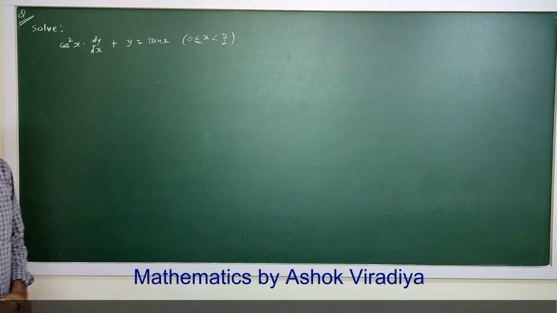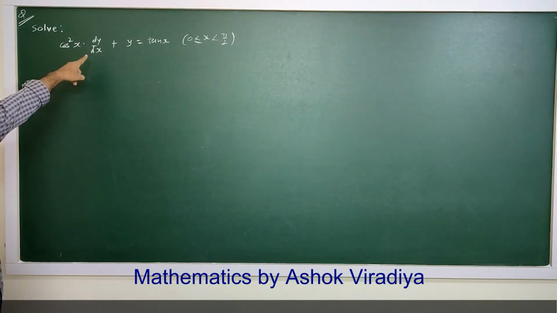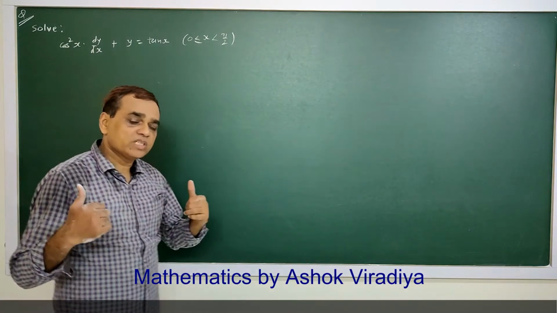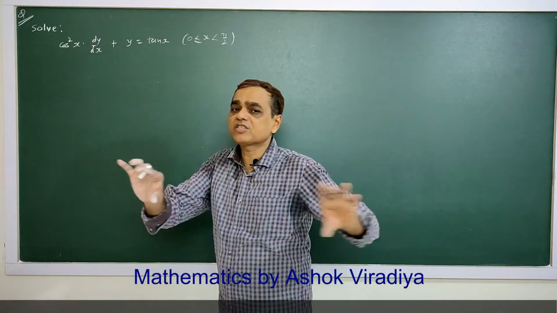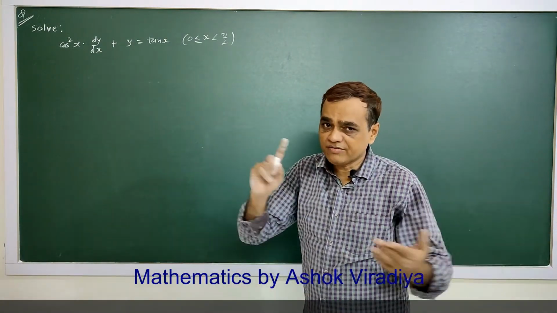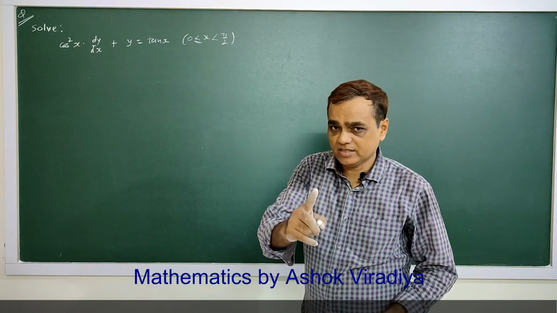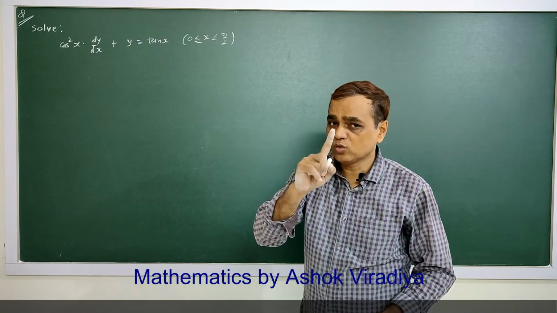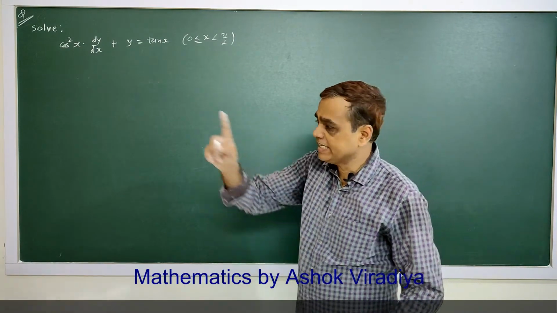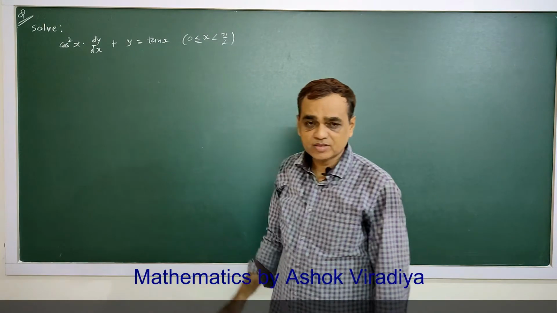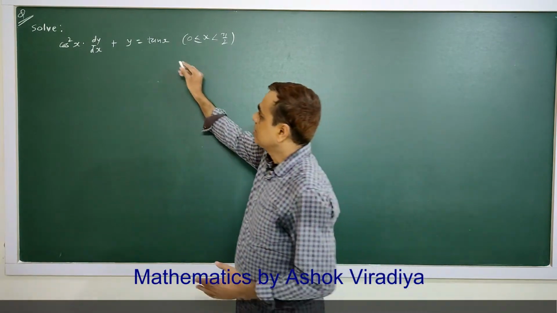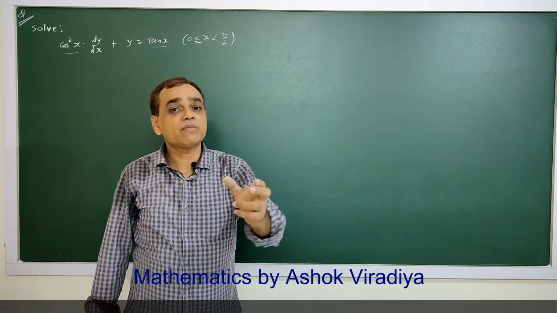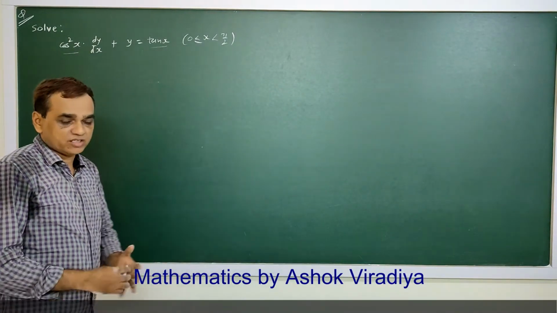Now next question. Cos square x into dy by dx plus y is equal to tan x. Look at this equation. Whenever any differential equation is given, if you find only y, no y square, no y cube, no y raised to 4, no root y, no cos y, only y, and in the other terms there are functions of x, then it may be a linear differential equation.